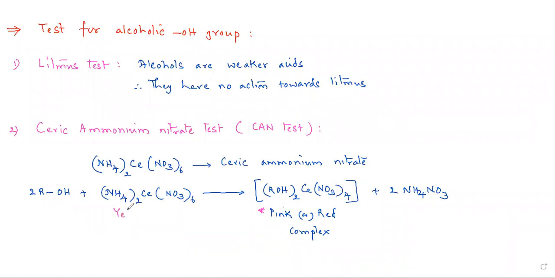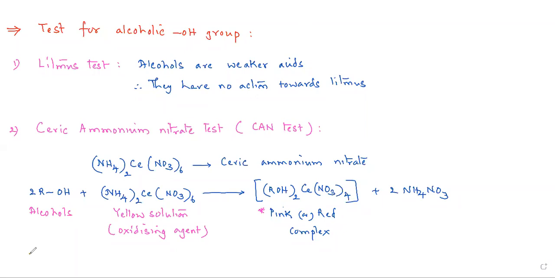Ceric ammonium nitrate is in fact yellow colored solution. It is an oxidizing agent. Say with alcohols, you get pink or red colored complex.